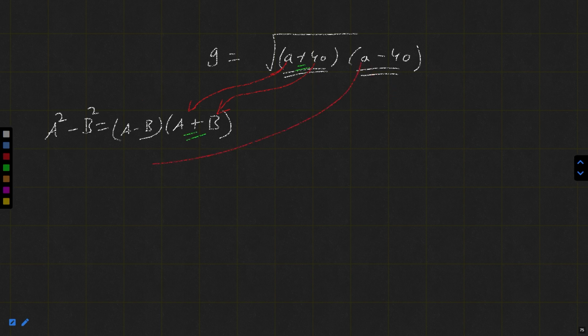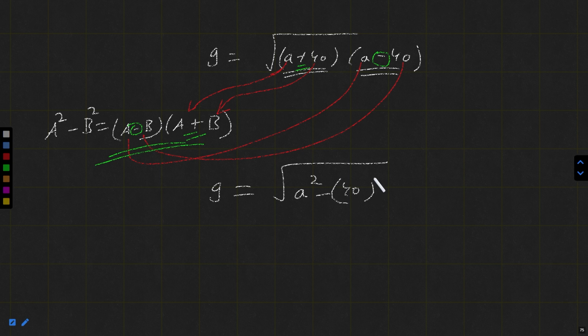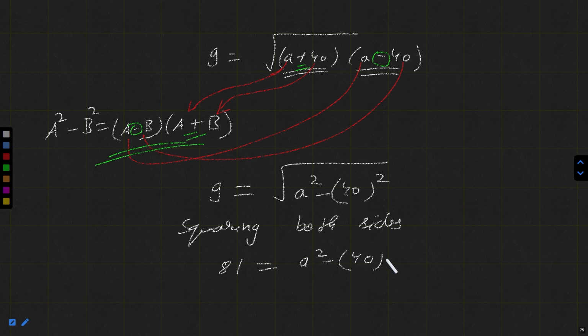Here is my A, here is my B, and the minus sign is here. So I can rewrite it as A square minus 40 square, and by squaring both sides, I will get 81 is equal to A square minus 40 square.